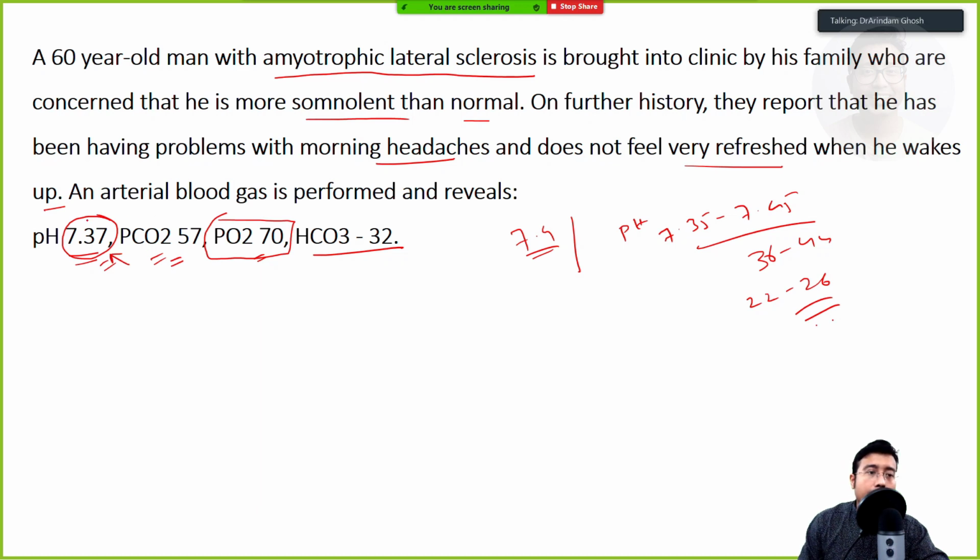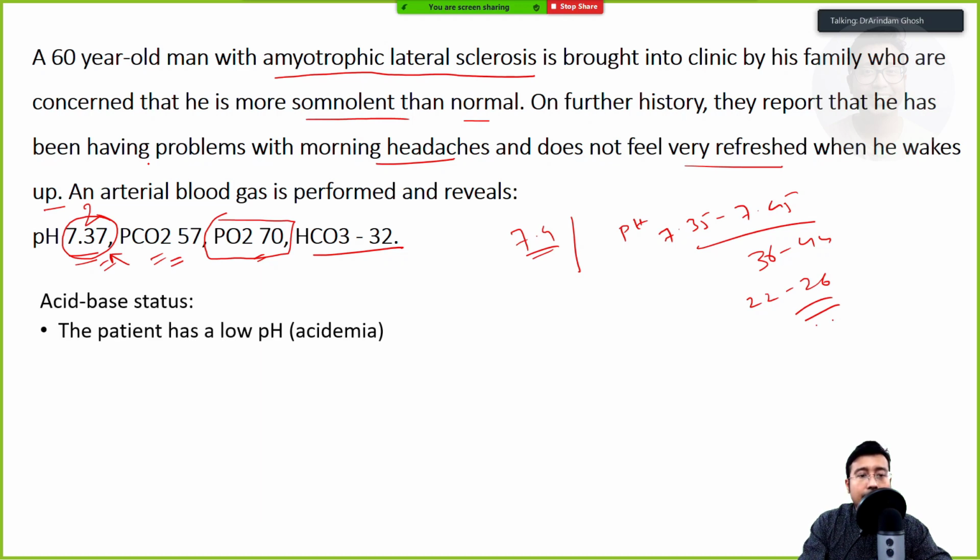You can make it 7.27 for your convenience. When it is 7.27, it is much more explainable from your perspective. So what is the acid base status? Considering 7.27, the pH is low, definitely, that is acidemia.